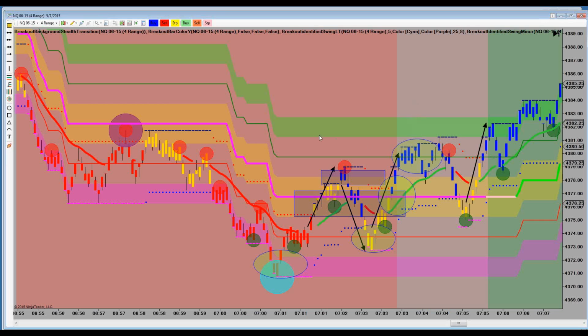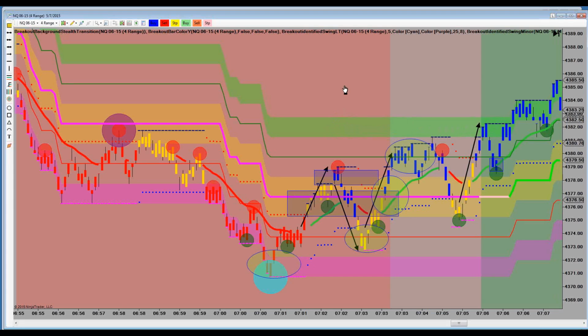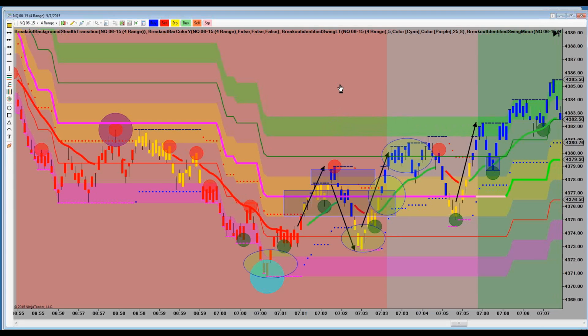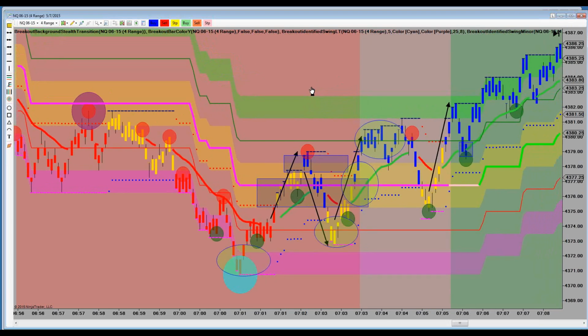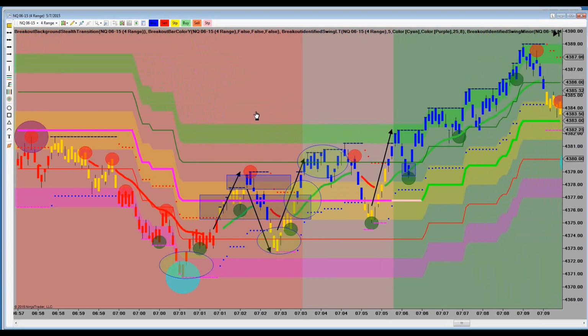Another pullback here into support. Another high. This has been one, two, three, fourth high or low. Trend is definitely up, no question about it. Now the background's changed, stair stepping, green background, going higher. Turned out to be a heck of a nice trade on the long side, didn't it?